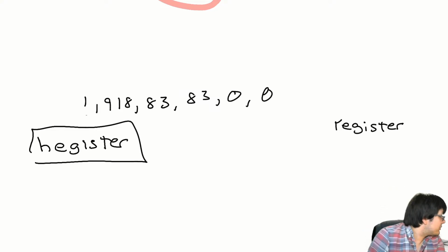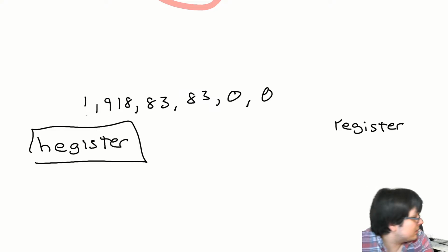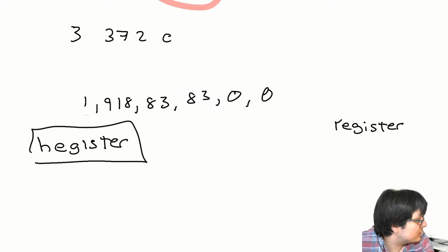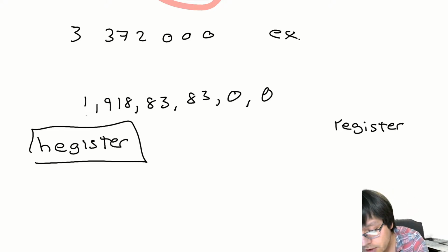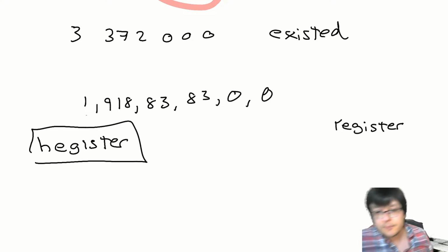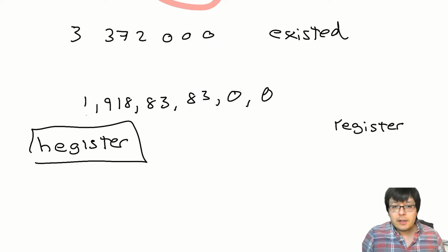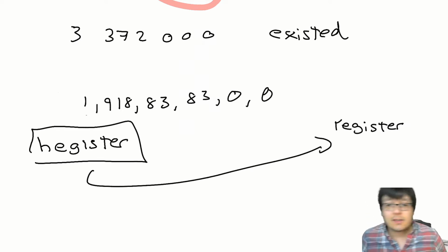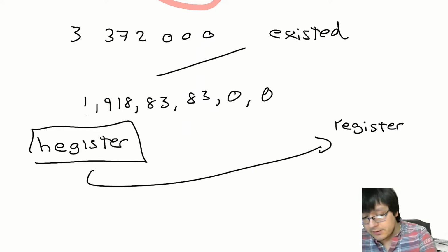Other suggestions is, for example, the one that I showed you before, the one that had the 3, the 37, the 2, and then 0, 0, 0. That was a suggestion for the word existed. And as you can see, if I hadn't shown you what the right word was, you would probably say that this is a way better candidate than existed, right?